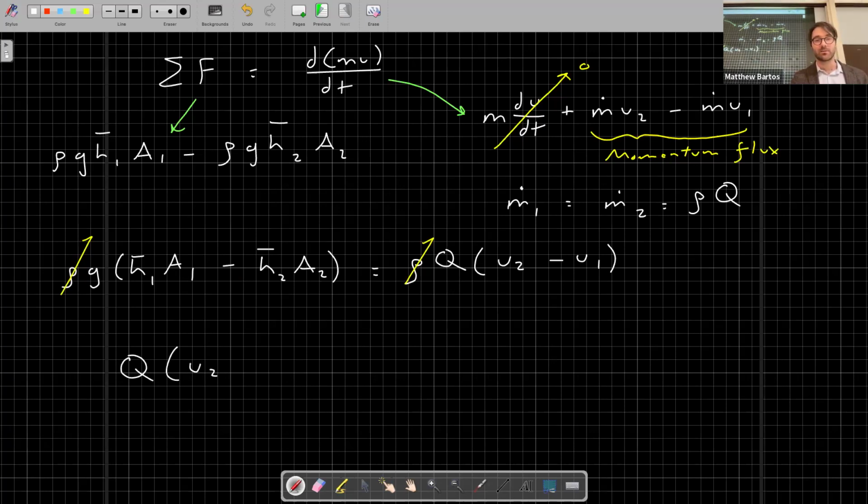Q times (U2 minus U1) is equal to g times (h bar 1 A1 minus h bar 2 A2).